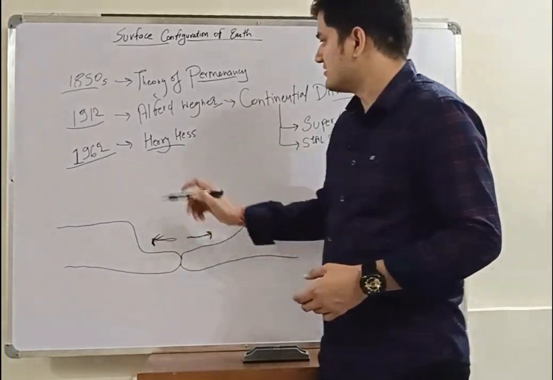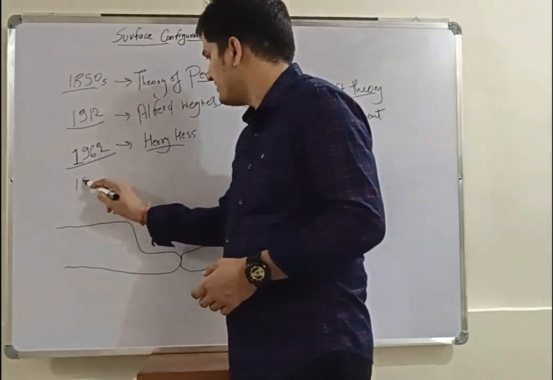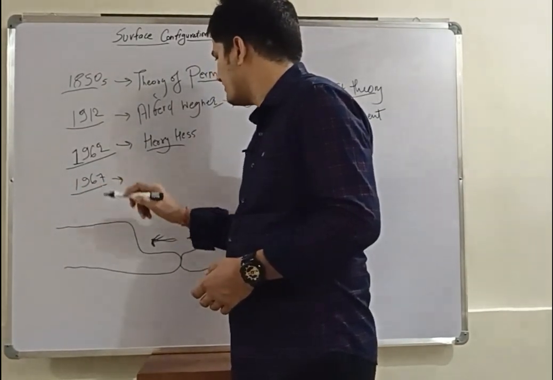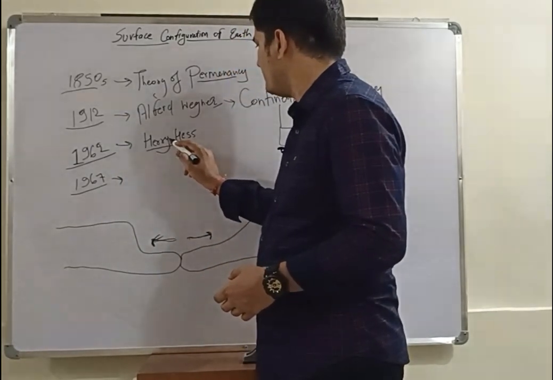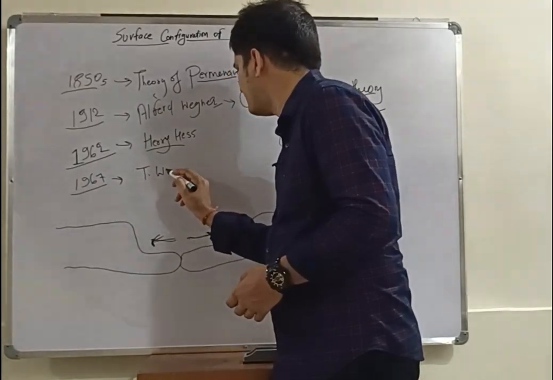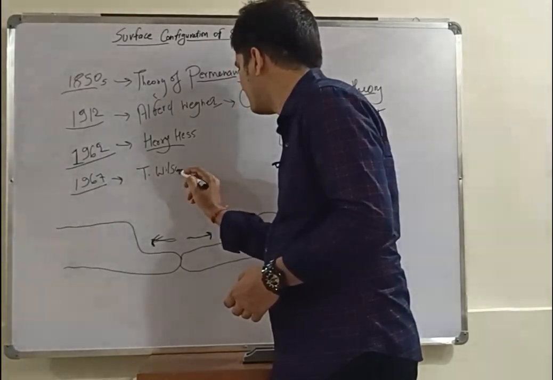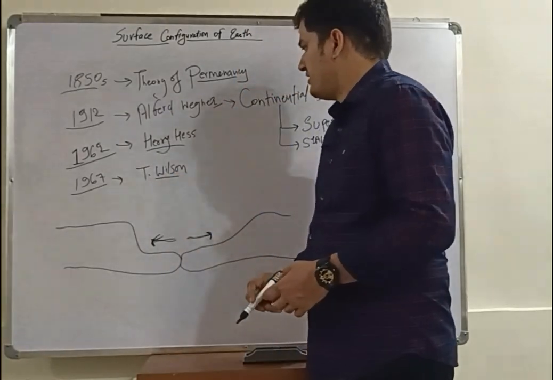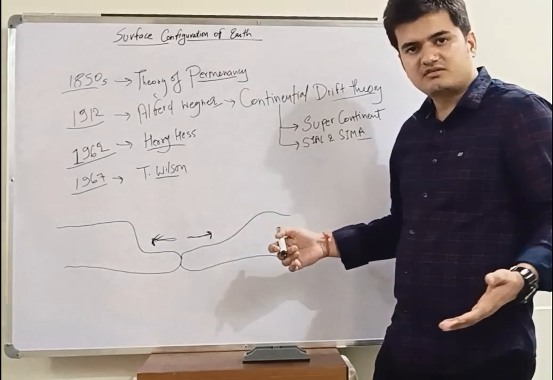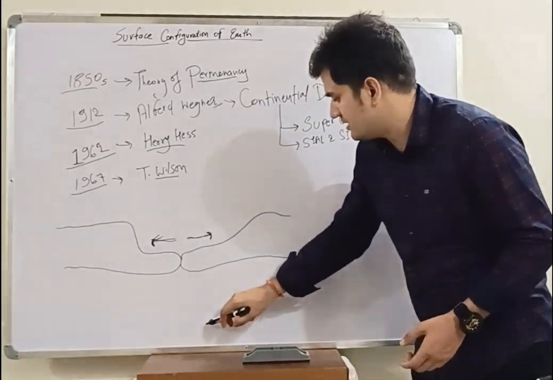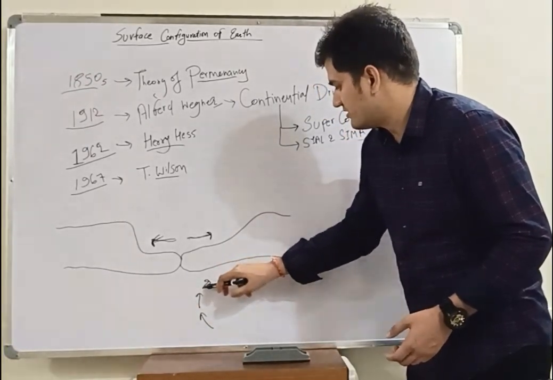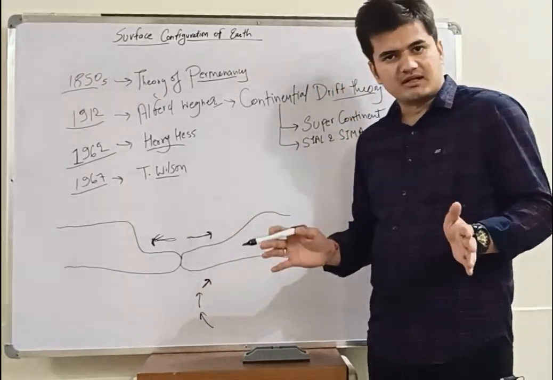And to cover these limitations, a new theory was introduced in 1967, and it was the theory called mantle plume, introduced by Tuzo Wilson. He proposed that the uppermost layer of the earth is known as the crust, and below that a big layer, a giant space inside the earth, which is in the semi-solid state, called the mantle.